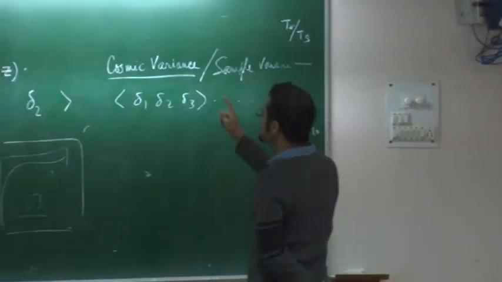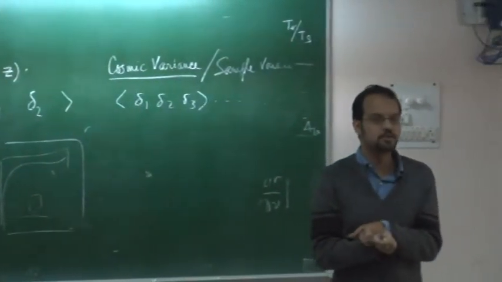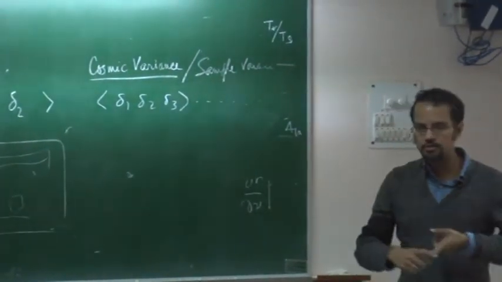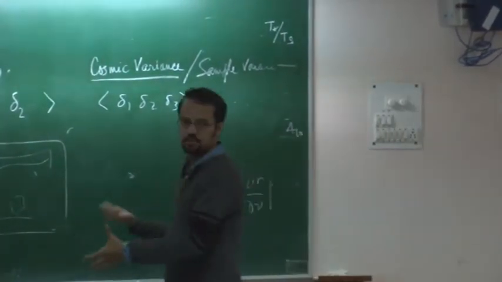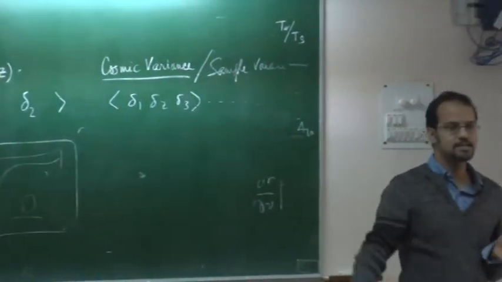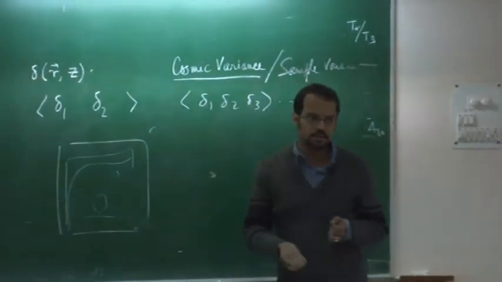So cosmic variance is the prime source of error in observational cosmology when you're looking at large scale events. So if you want to measure some cosmological feature which is occurring at very large scales, the crucial source of error would be cosmic variance.